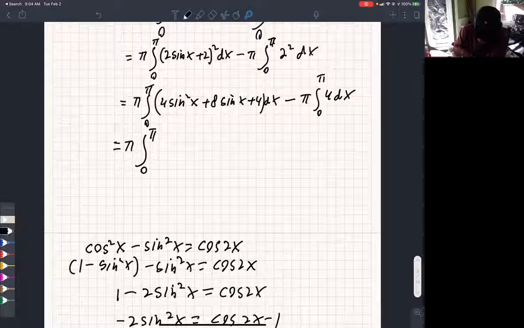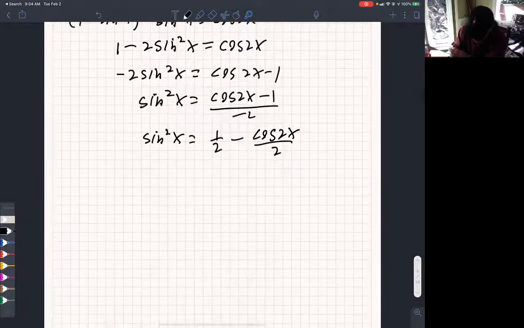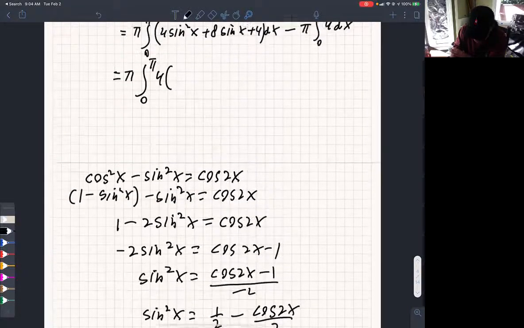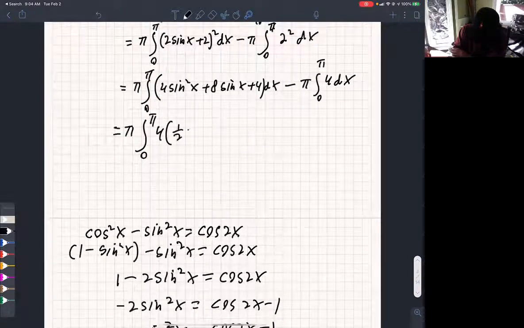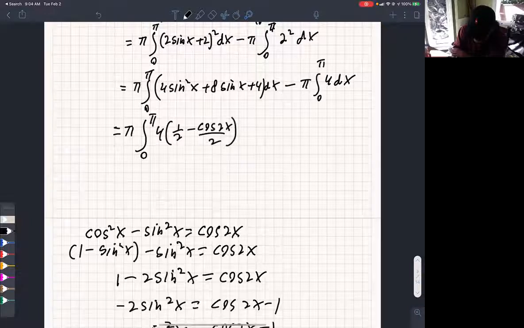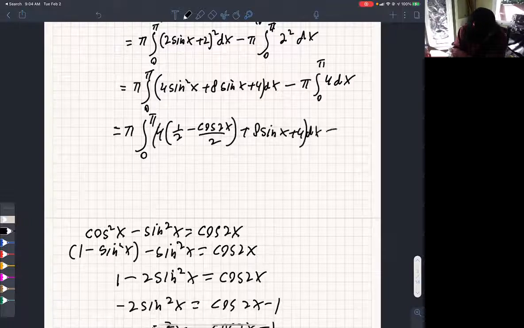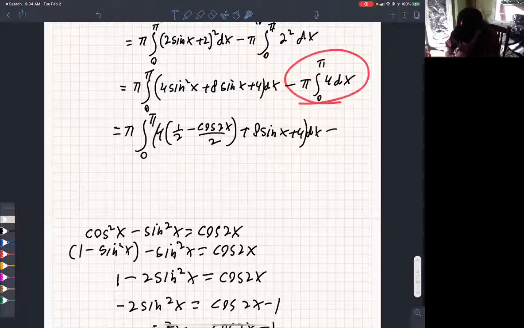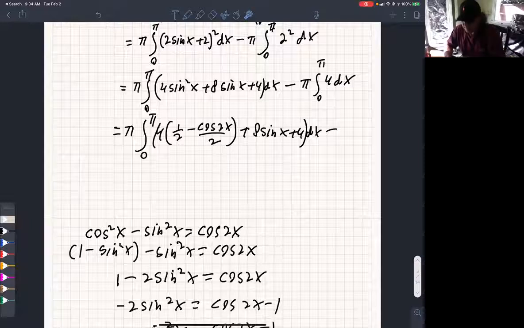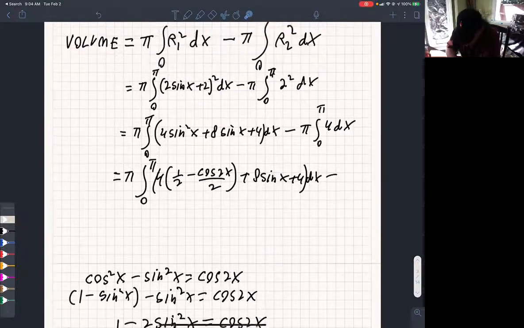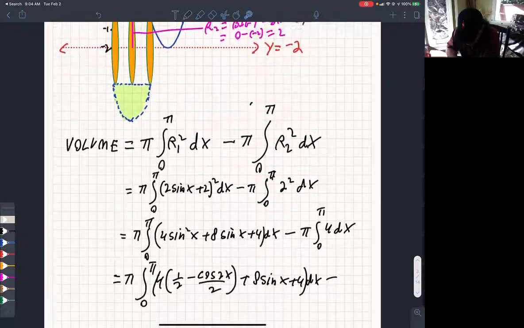So sine squared x can be replaced with 1/2 minus cosine 2x over 2, plus 8 sine x plus 4 dx. And then I'm just going to do this. That's going to come out to be what? Well, I could figure that out.